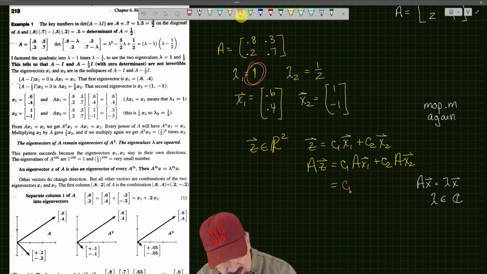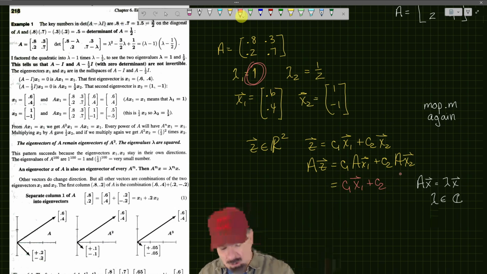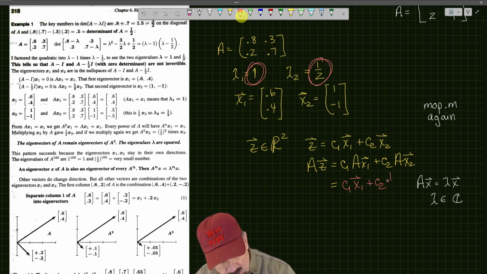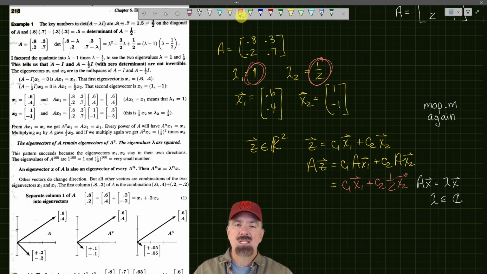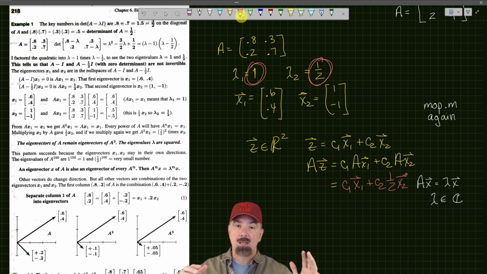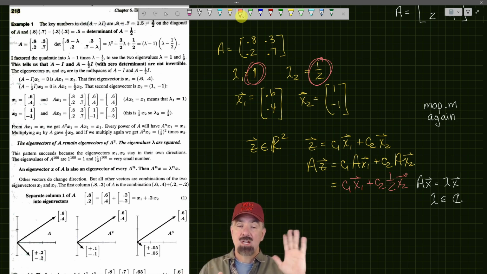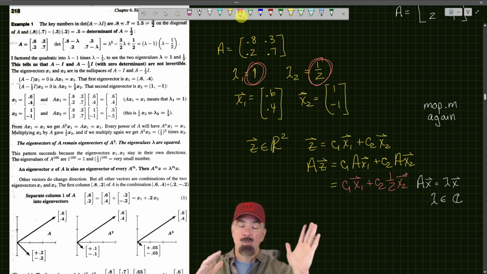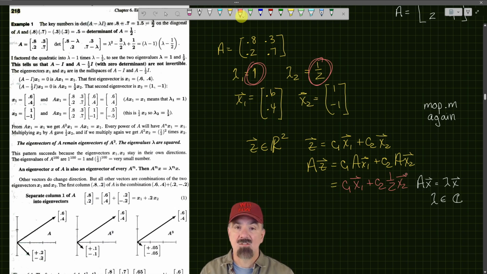So this is going to be c1 times 1 times x1 plus c2, and then A times x2, here's the other eigenvalue, is going to be 1/2 times x2. So every time that we apply our matrix A, we are going to end up keeping the direction of the vector that we started with, that's pointing along 0.6, 0.4, and we're going to shrink the part of the vector that's pointing in the direction 1, negative 1.